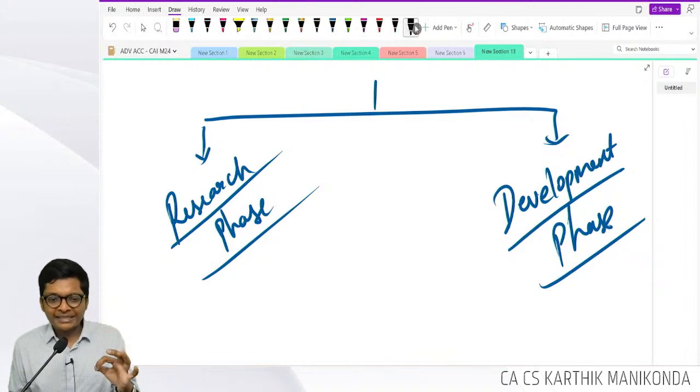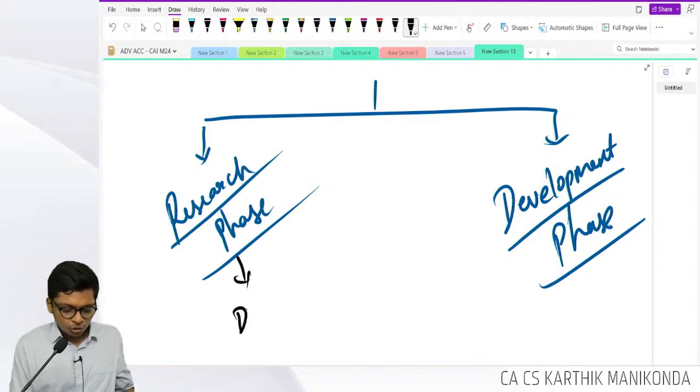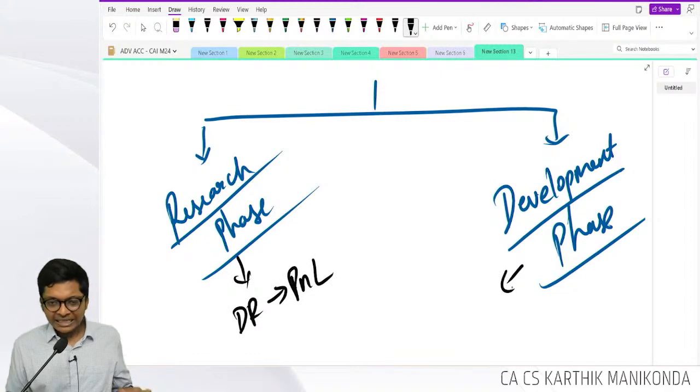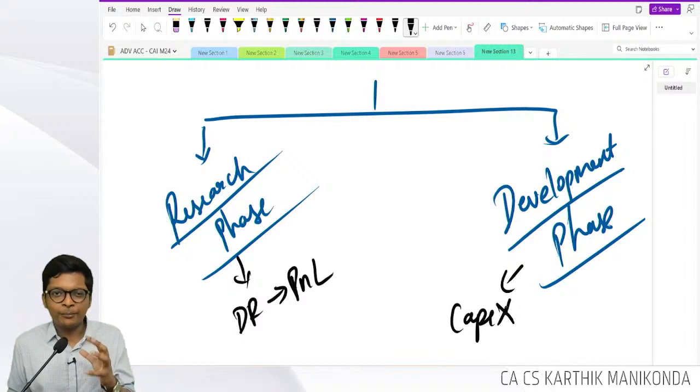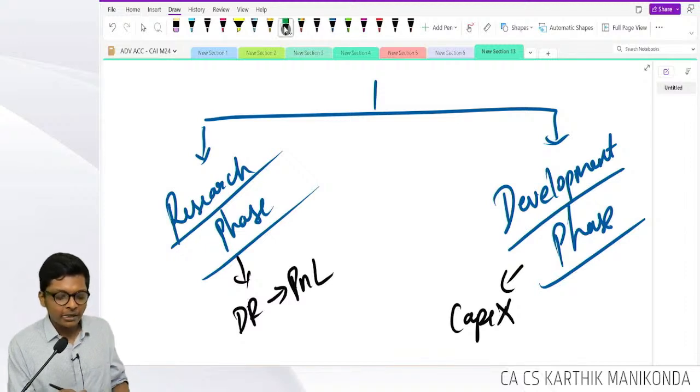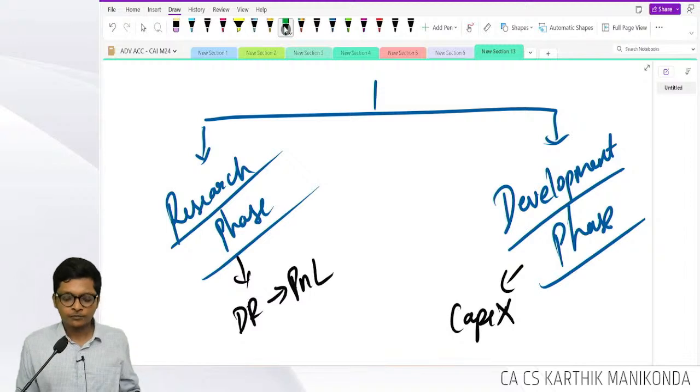Any expenditure incurred in the research phase should be debited to profit and loss account. Any expenditure in the development phase should be capitalized. Let me give an example to understand this beautifully, guys, because this is important, okay?